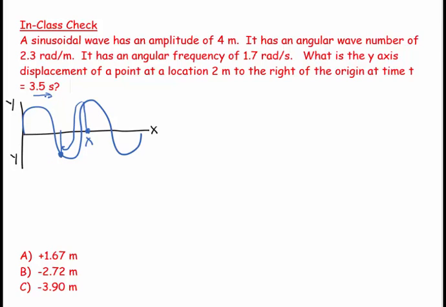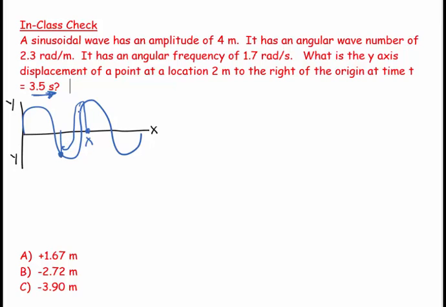And the kind of mantra is, if the wave is moving to the right, then we can see the future of the wave experienced at position x by looking to the left, along the wave to the left from position x.